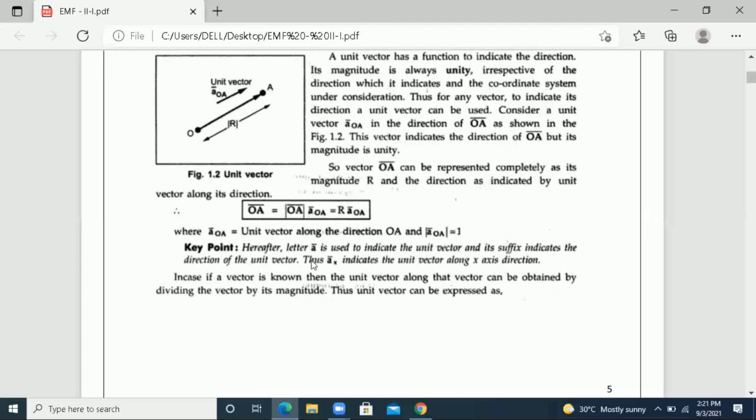So AX would be the unit vector in the x direction.